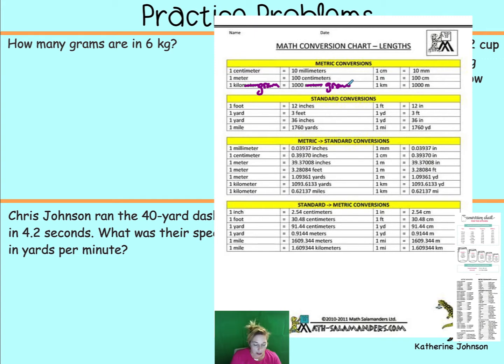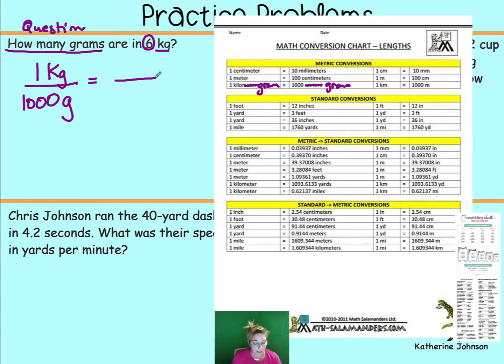Okay, so 6 kilograms, I want to know how many grams, that's my question. I know that 1 kilogram is 1,000 grams.